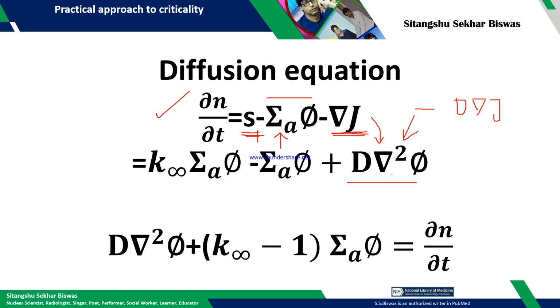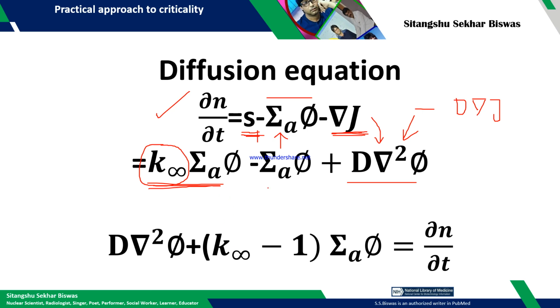Basically, it's a second order differential operator in Euclidean space, and the production term is given by the neutrons, where this term is the infinite multiplication factor. You know all these things, so I need not detail this much more.